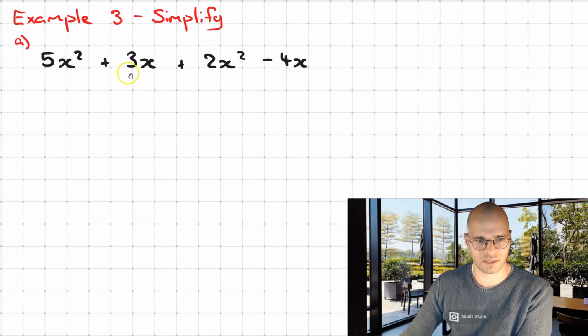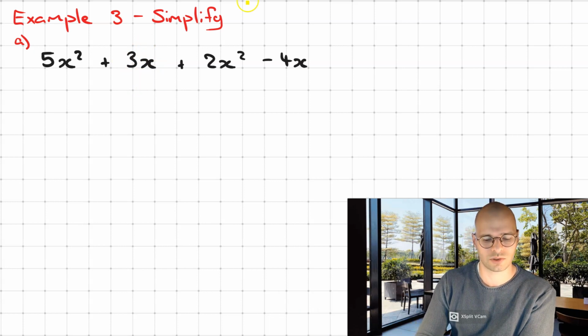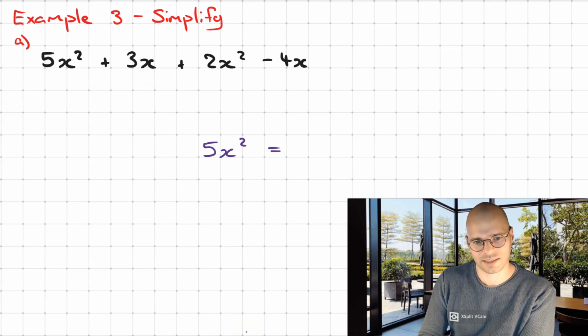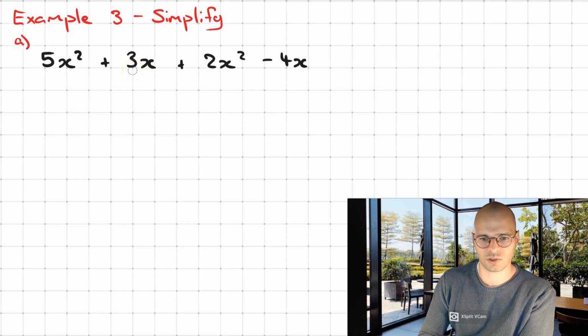When we're dealing with these, our like terms are going to have the same combination of variables. 5x squared is the same as saying 5xx. And as a consequence, 5xx does not have the same variable combination as 3x. So this results in these not being like terms.